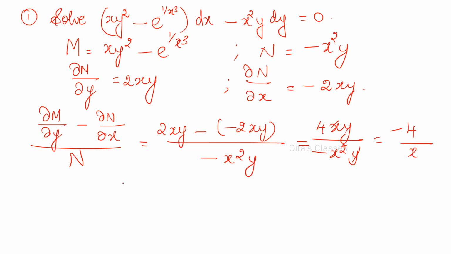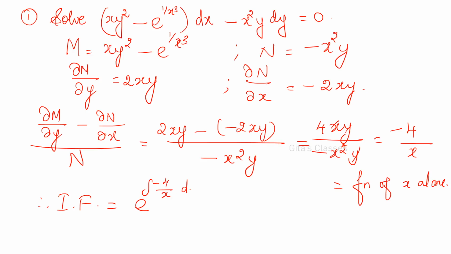is the value. This is a function of x alone. Therefore, the integrating factor is equal to e power integral of whatever function you are getting, minus 4 by x, into dx. Because it is a function of x alone, you have to integrate with respect to x. Okay. So e power minus 4 log x. Right.